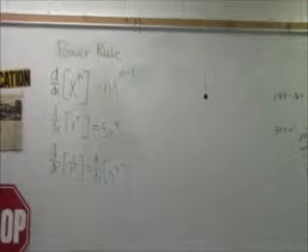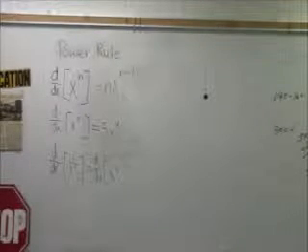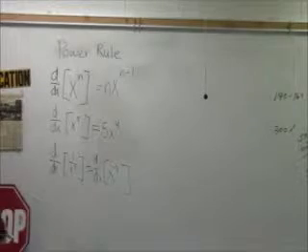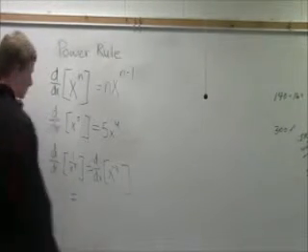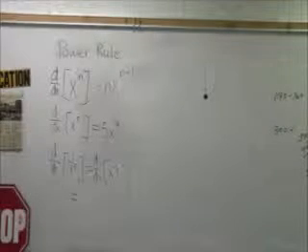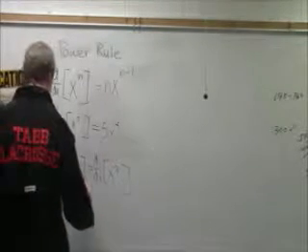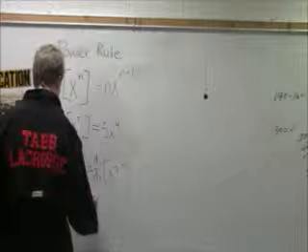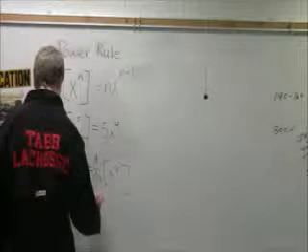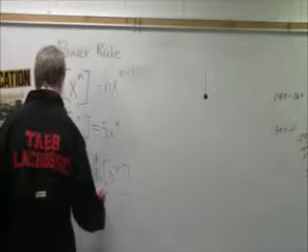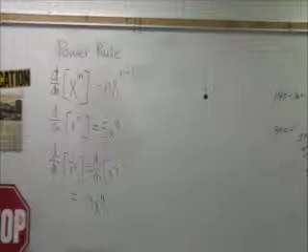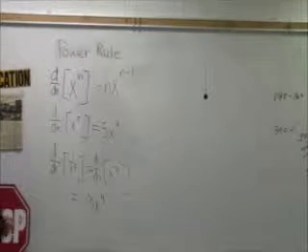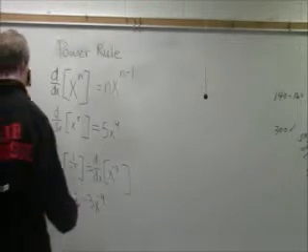Now this will equal negative 3x to the negative 4, which when simplified would equal negative 3 divided by x to the fourth.